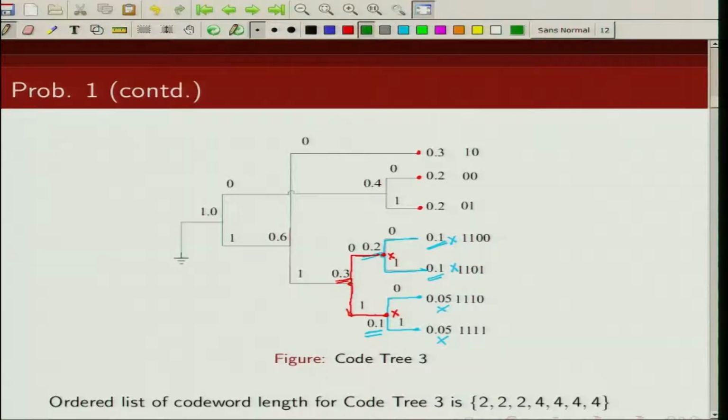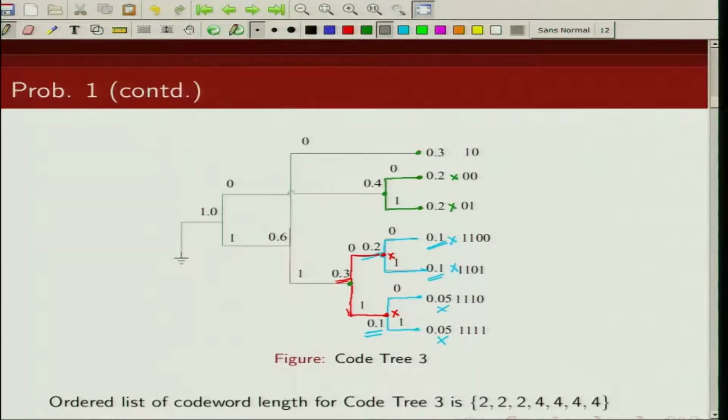At this point my active nodes are this one with probability 0.3, this one with probability 0.2, this one with probability 0.2, and this one with probability 0.3. I combine these two which have the least probability, 0.2 and 0.2, and get a new node with probability 0.4. I deactivate these nodes.